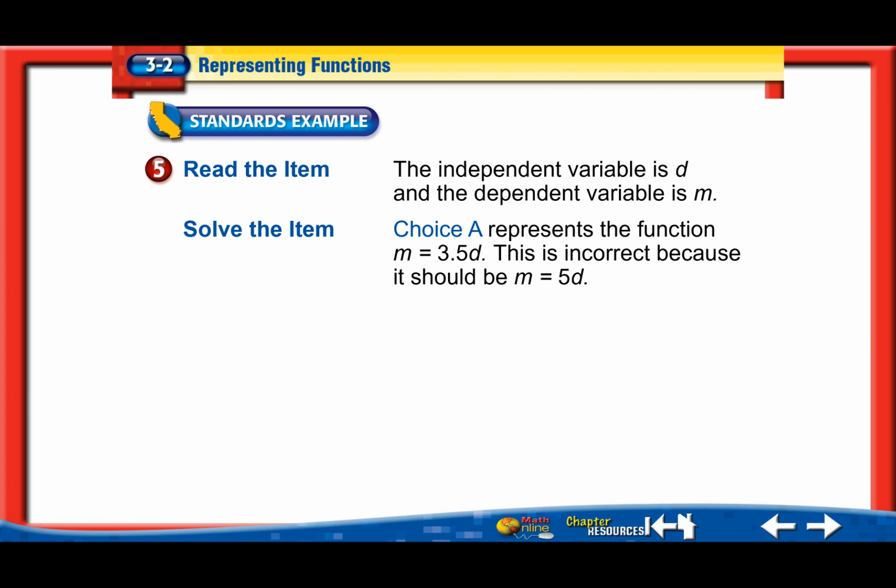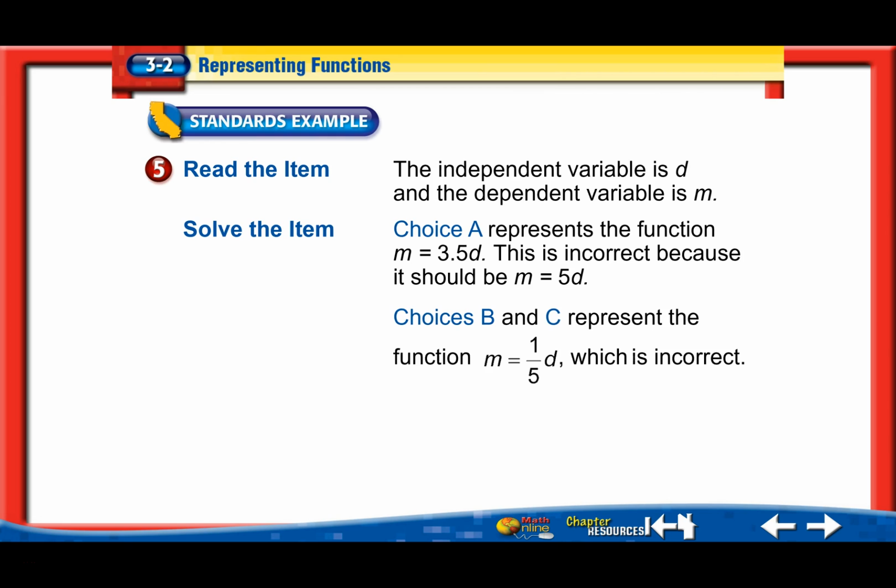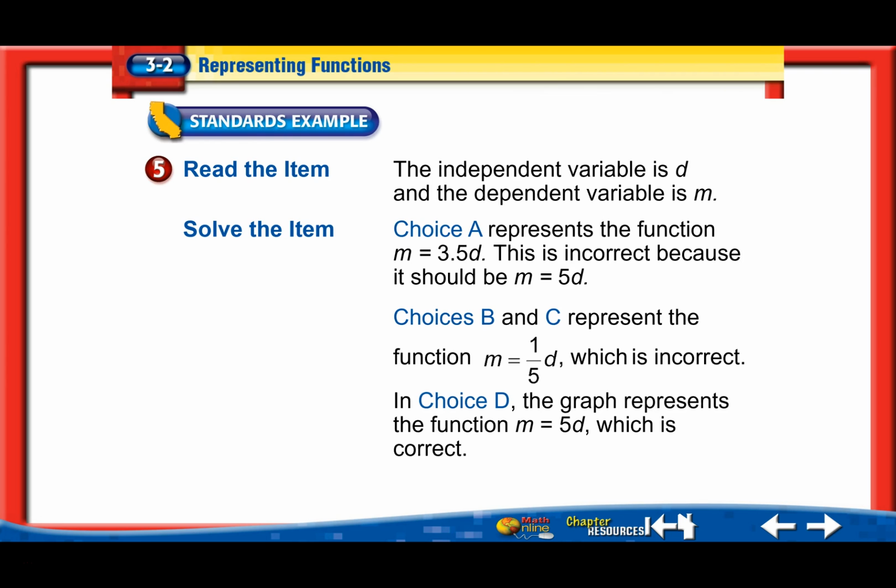So choice A represents a function of m equals 3.5d. That's incorrect because they told us that m equals 5d. So B and C represent the function m equals 1/5 d, which is also incorrect. And then choice D is a graph that looks like m equals 5d, which is correct.